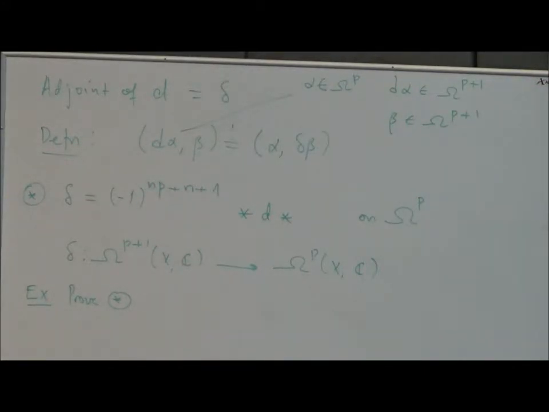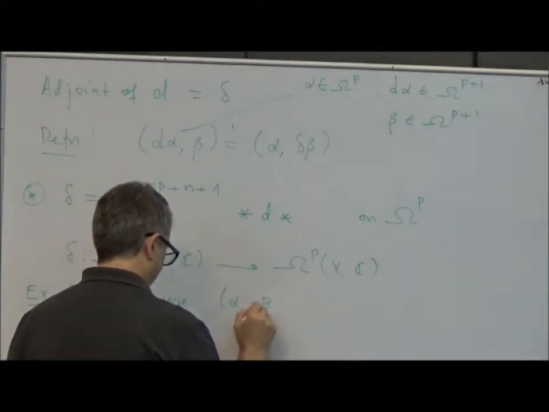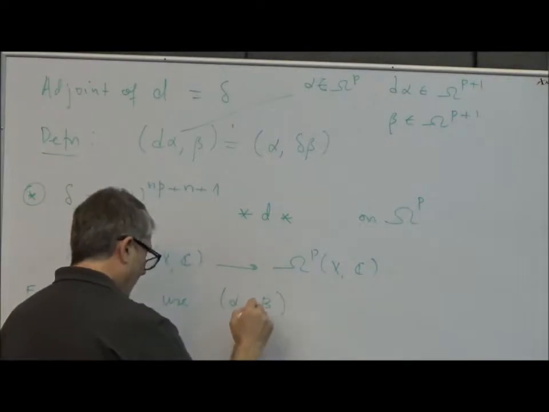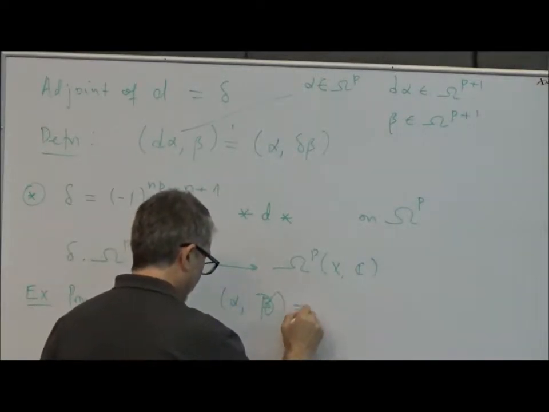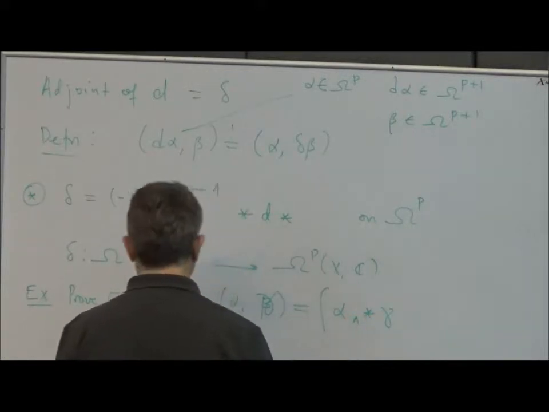Actually, yes, I've given you the formula. Use this: the inner product of alpha and gamma is equal to the integral of alpha wedge star gamma.